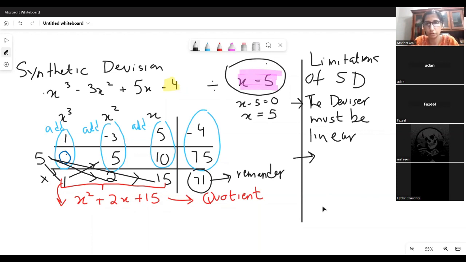And second, its limitation is that the coefficient of x must be 1 in the divisor.